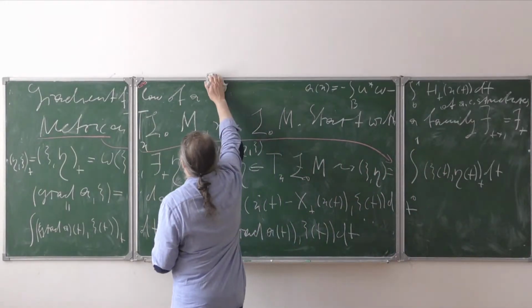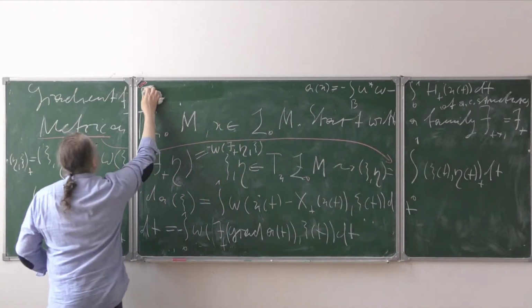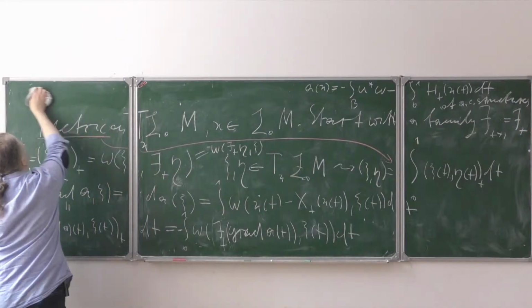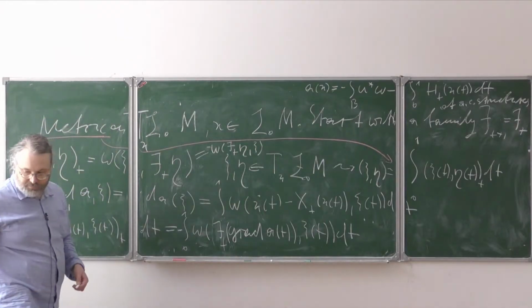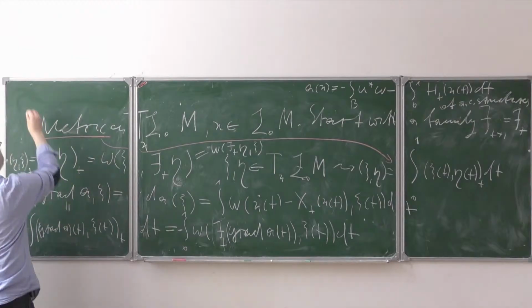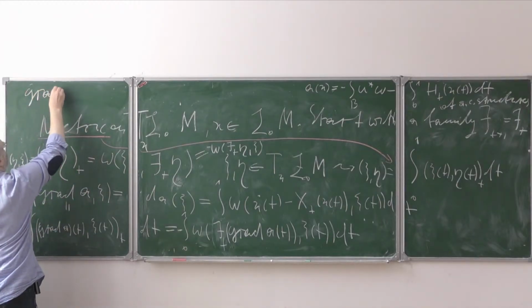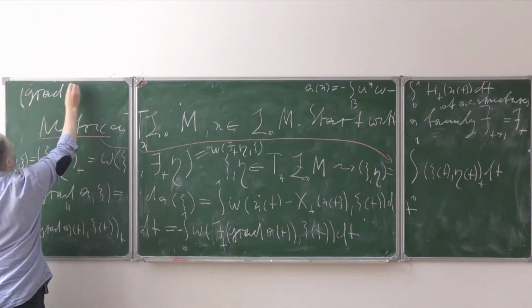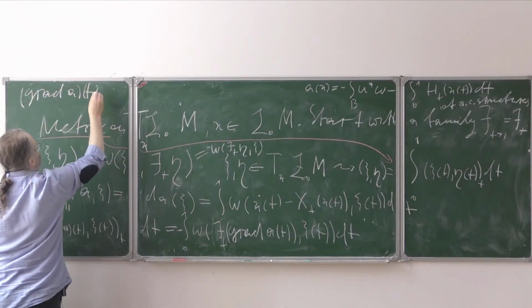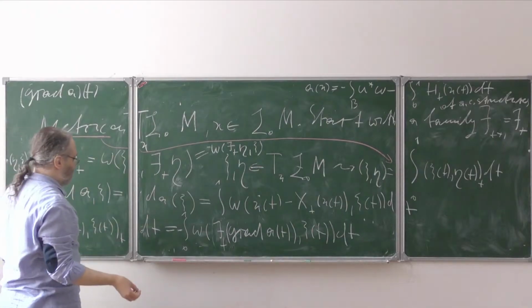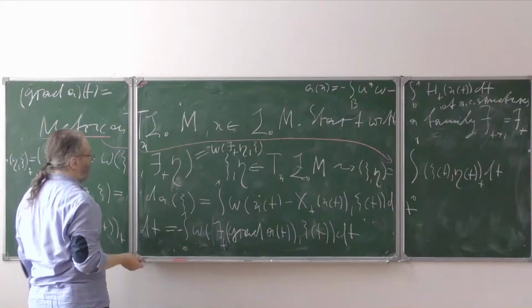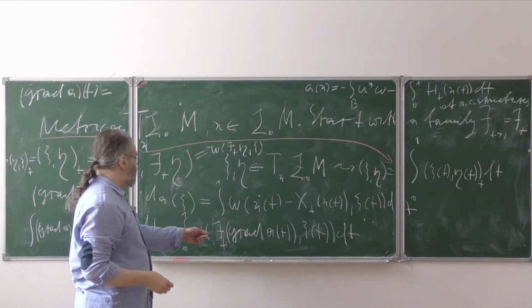So the answer is the gradient of A taken at a point t is, well, J_t.